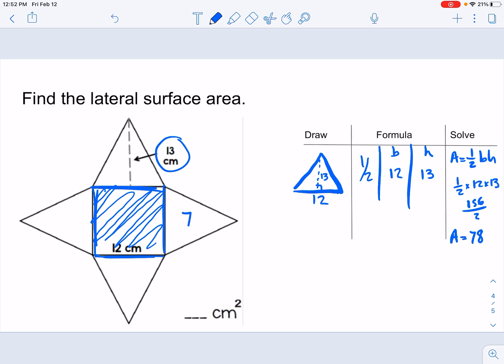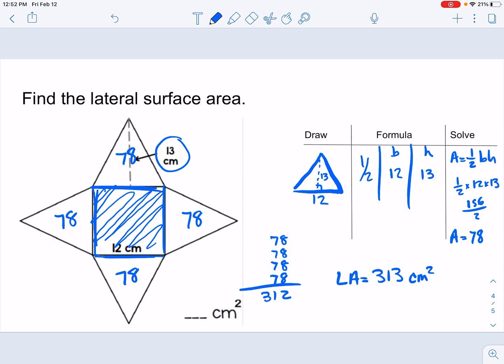Okay, so each triangular side has an area of 78. So we want to add all those together, or we could multiply by 4. And we're going to end up with 312. So the lateral area is 312 square centimeters.